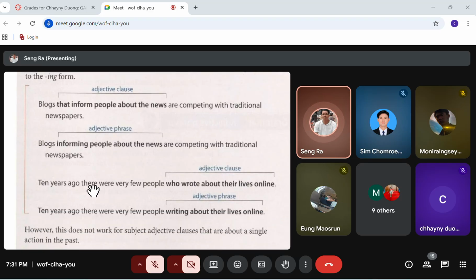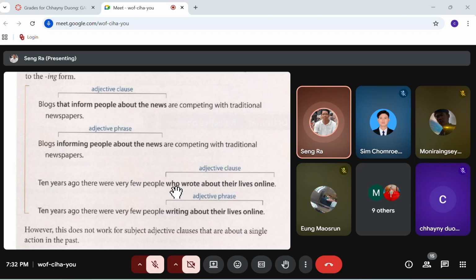Ten years ago, there were very few people who wrote about their lives online. Ten years ago, there were very few people writing about their lives online. So don't worry. Again, this is an adjective clause, and this is the reduction of an adjective clause to a participial phrase, to an adjective phrase, from a clause to a phrase.